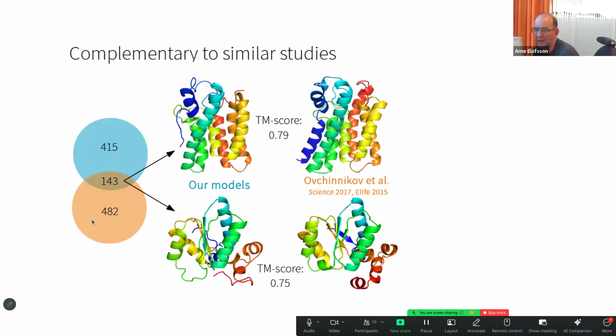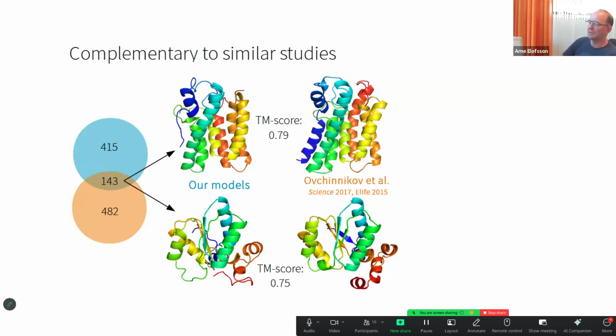We could do that, and Sergei Ovchinnikov and David Baker did the same thing. At the end, we ran this for all protein families that had no structure. It was something like 7,500 families at that time. For this, you could make good models with something like 500 models. And they did another 500 models, and the overlap was not that big.